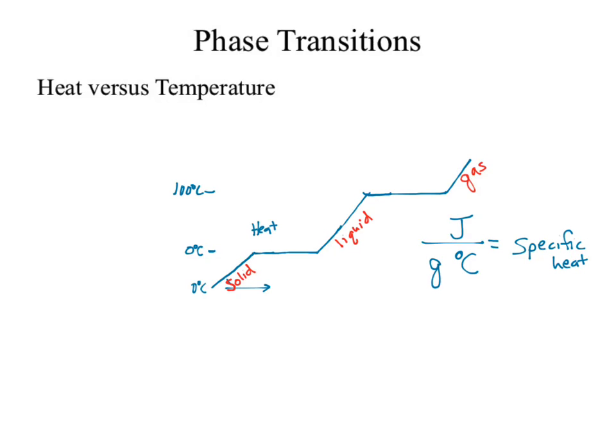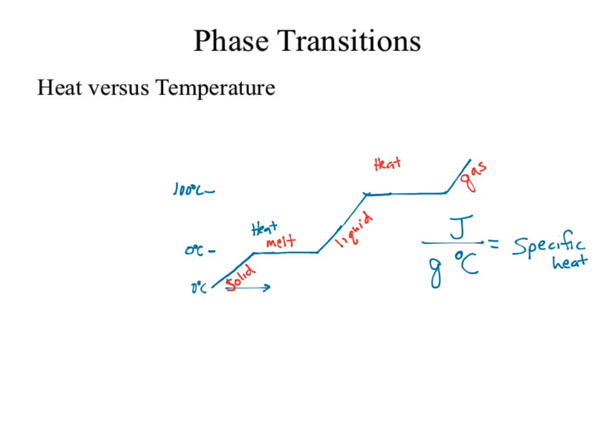Hopefully that works. Okay. If I'm looking at the transition between the solid and the liquid, that's going to be the heat necessary to do what? The heat necessary to melt it. Okay. What if I look at the next plateau? That would be the heat to do what? Boil.